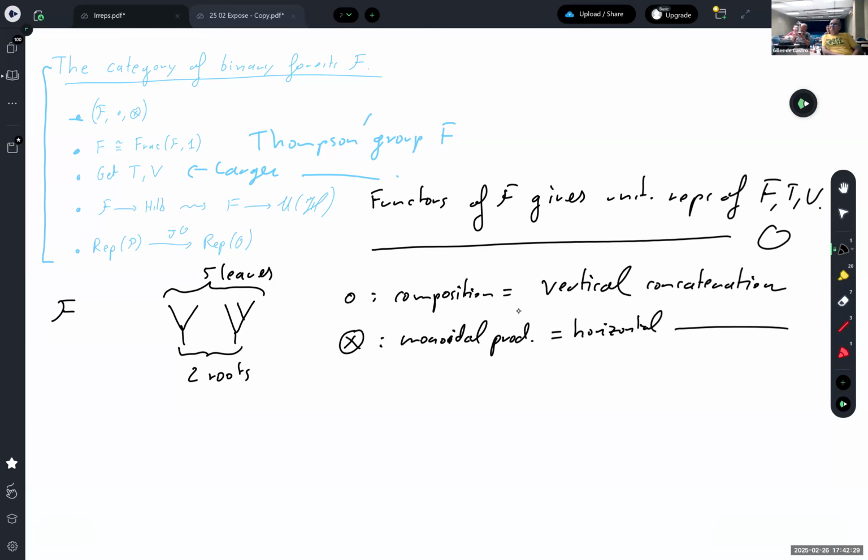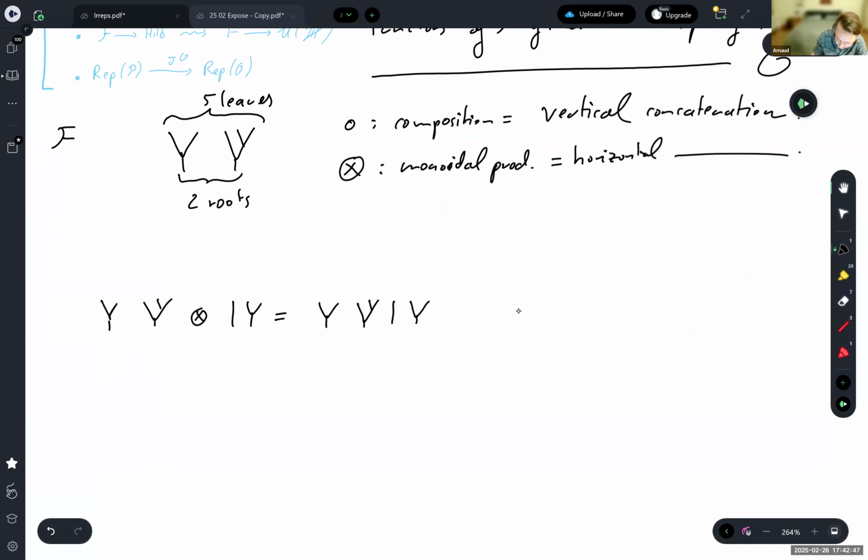Okay, so if I take this guy and I tensor with this, I just remove the symbol of the tensor product. But then if I want to take a composition, I take this guy and I'm going to compose on the top.